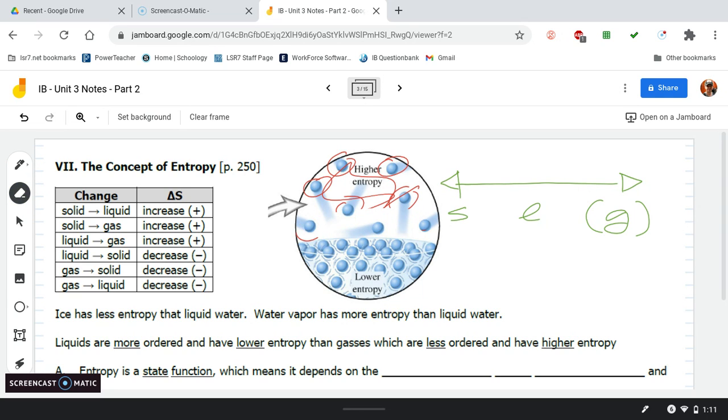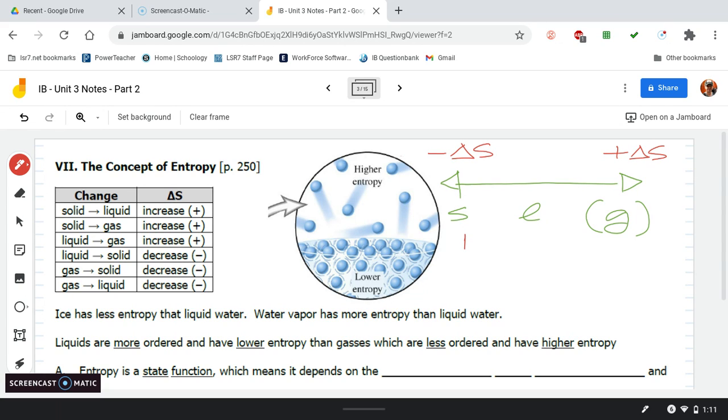When you go towards the gas phase, you go towards more disorder, more randomness, and that's a positive delta S. As you go towards the solid, the particles clump together, have less movement, and are more ordered, so we have less disorder.